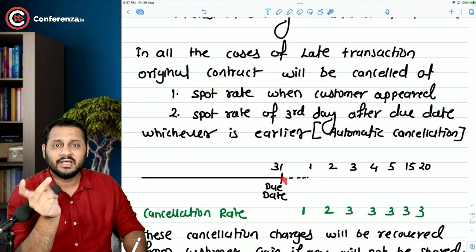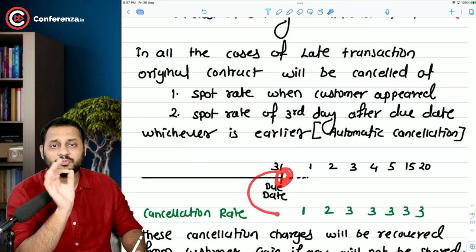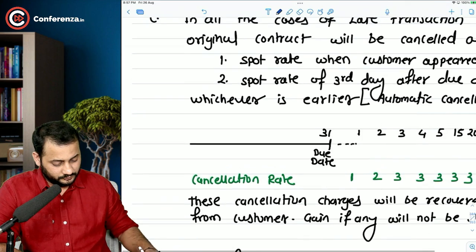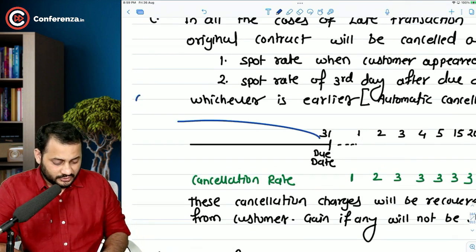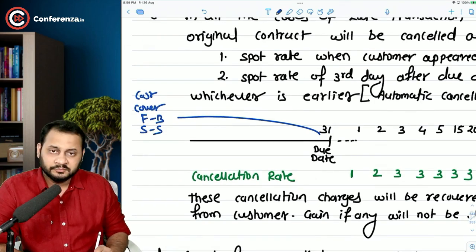So if the bank has a forward buy contract in the cover market, they will just enter into a spot sell. See, on this date, this is a customer contract and this is a cover contract. If the bank has forward buy, they will cancel it with spot sell.